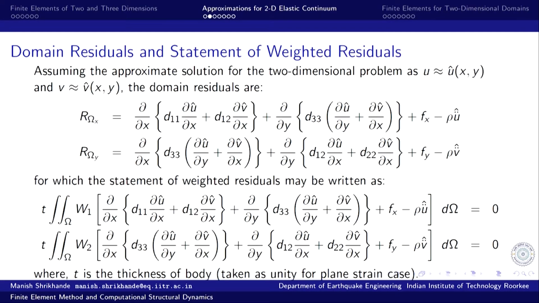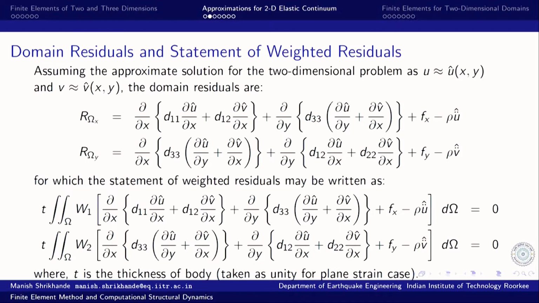So, going by the domain residual, let us say we approximate the solution as u approximated by u hat and v approximated by v hat. u and v are the displacements along the x and y coordinate directions respectively.